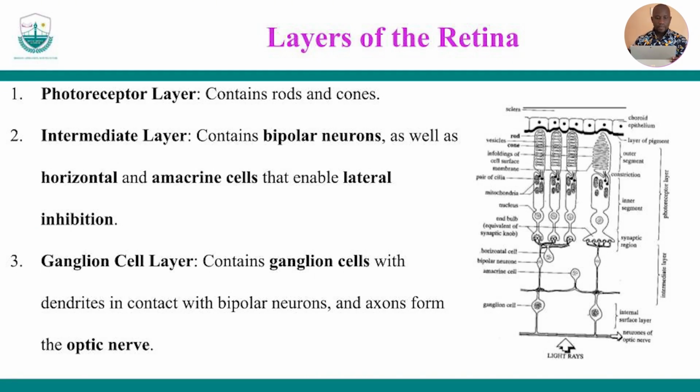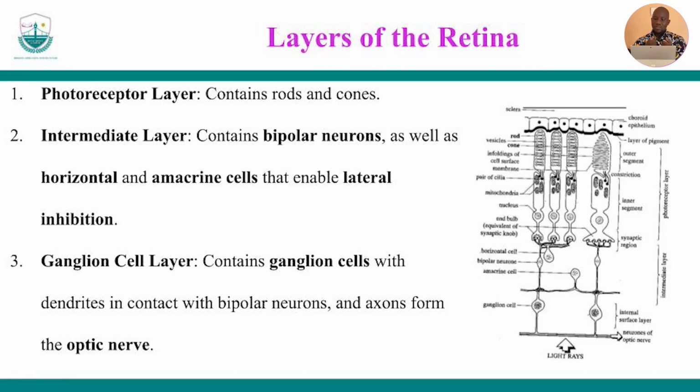The second layer is the intermediate layer. The intermediate layer starts from here to here. That's the photoreceptor layer, so that it has bipolar neurons. These bipolar neurons are the ones that connect to the actual synapse.